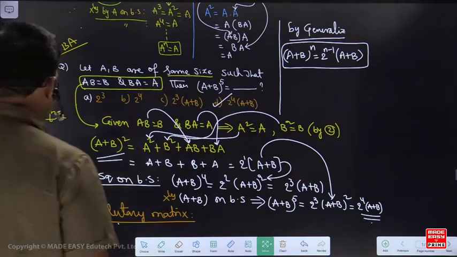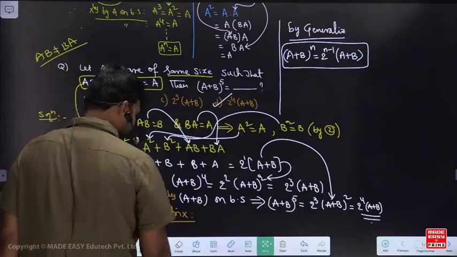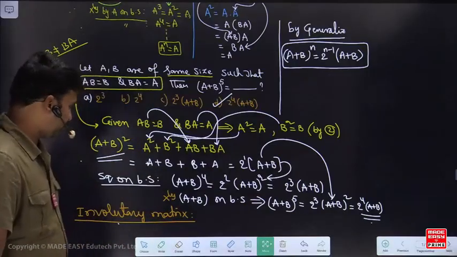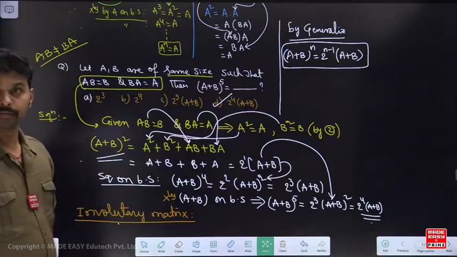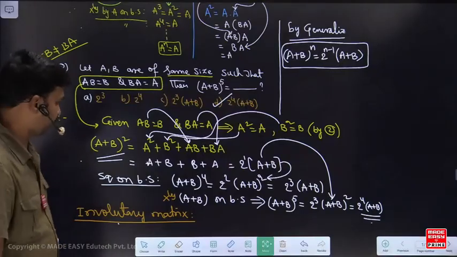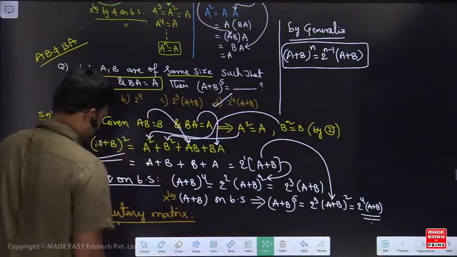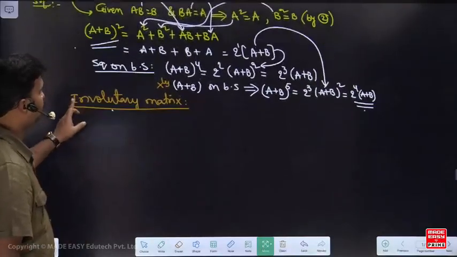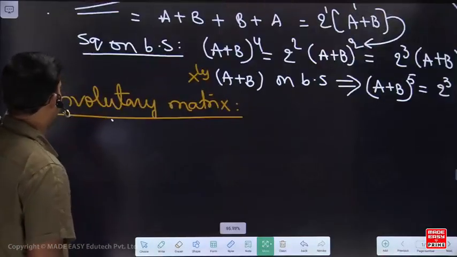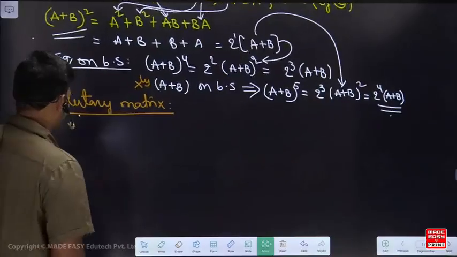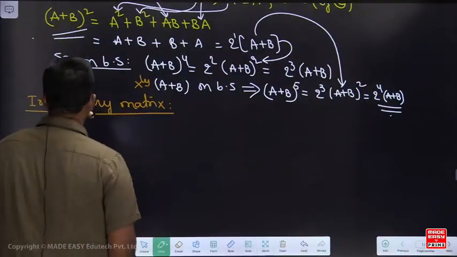Okay, beta. Right. Involutory matrix is the next definition. So I think you might have written, Subhi Goyal.